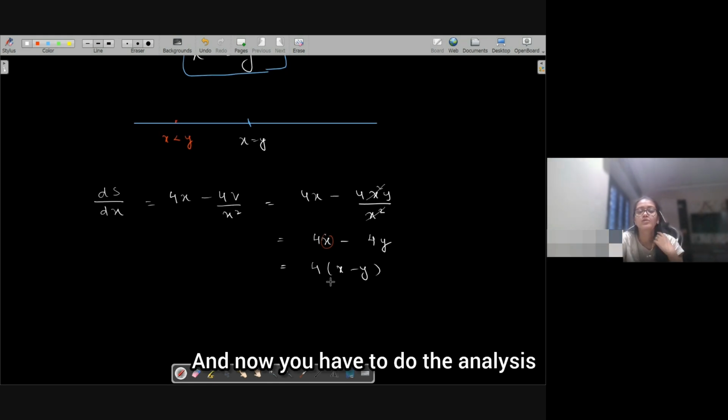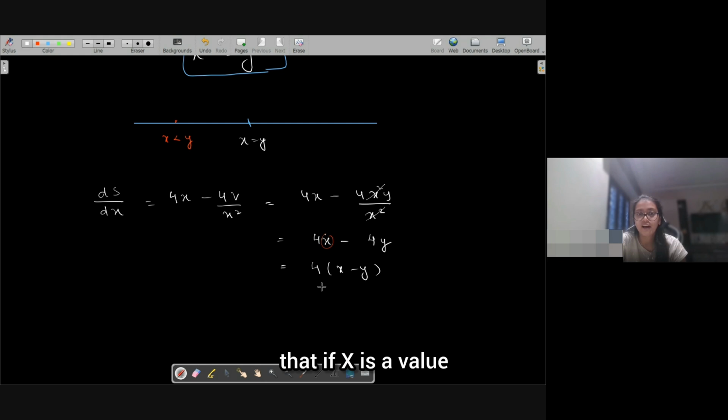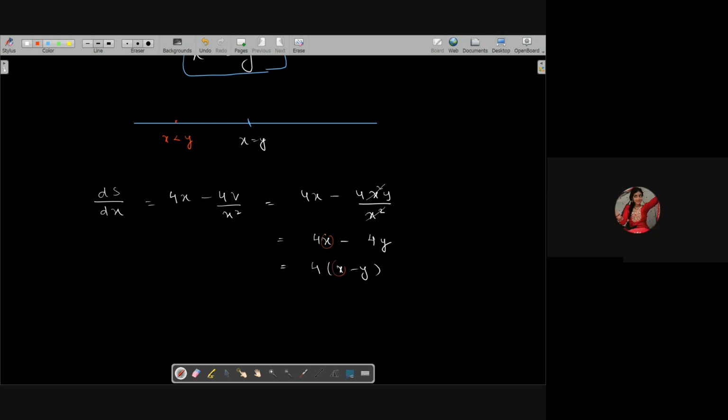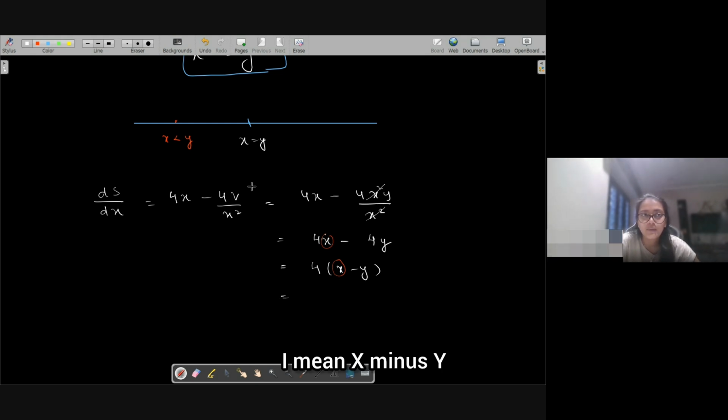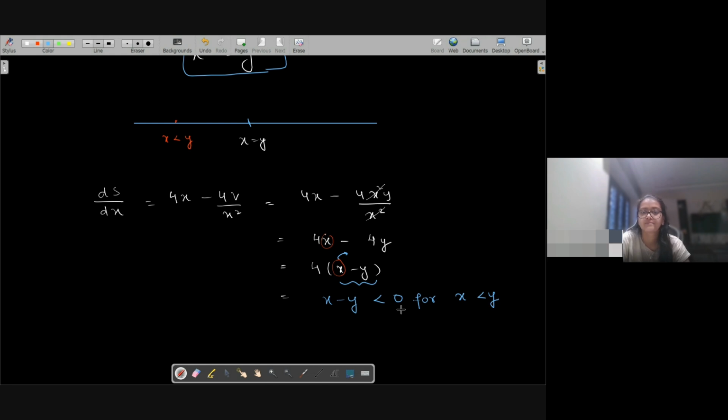And now you'll have to do the analysis that if x is a value which is less than y, this quantity x minus y will be negative. So x minus y will be less than 0 for x less than y.